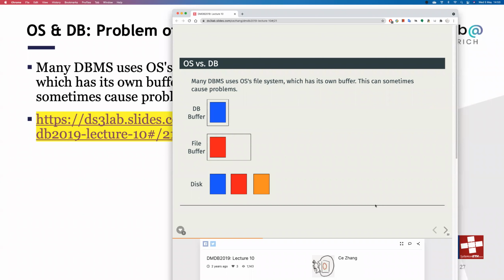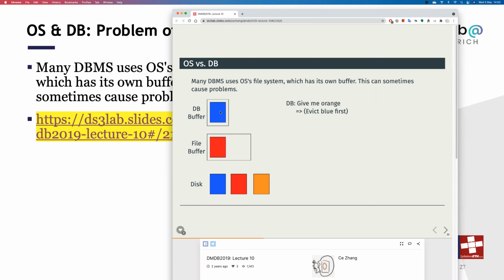Assuming the following case, the database says, okay, I want the orange page. In this case, the database buffer manager is going to check the database buffer and see there's actually a blue page there, and I need to evict the blue page. Then the database is going to tell the operating system, okay, write this blue page back to the hard drive.